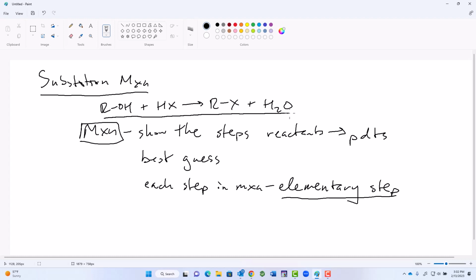And there may be many steps in between what we call reactants and what we call products. There may be many different transitions or intermediates that occur to go from one point to the next, but we do see each of these combined in elementary steps. We do see the overall reaction of ROH plus HX goes to RX plus H2O.